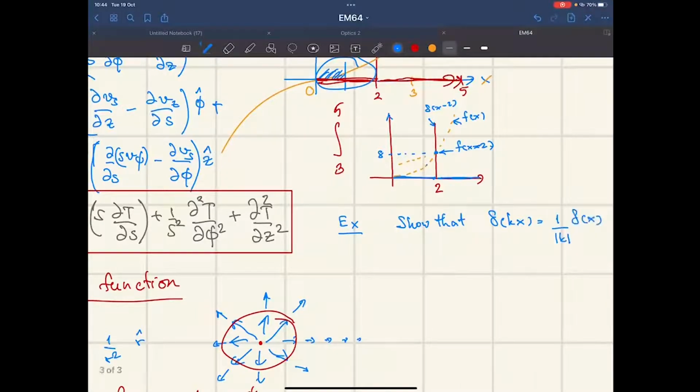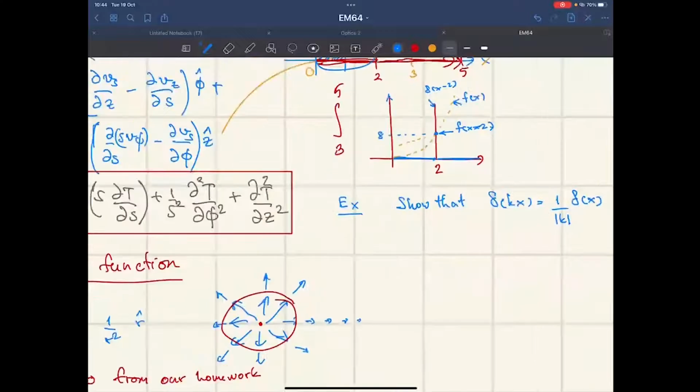We want to show that this is true where k is any constant, but not 0.